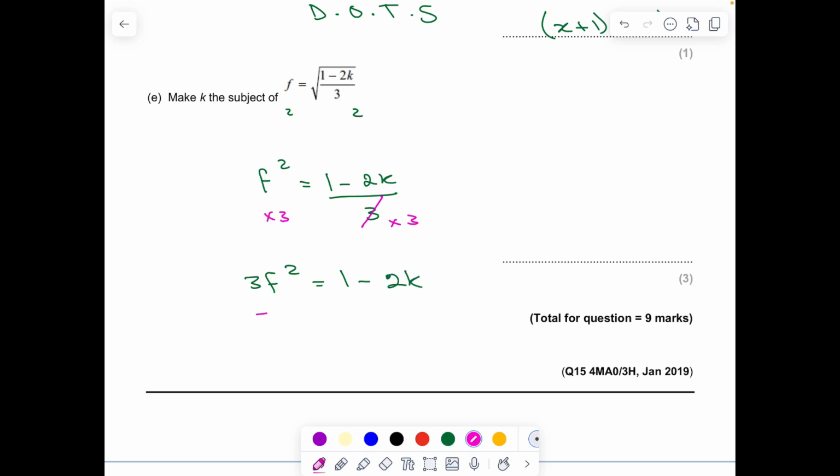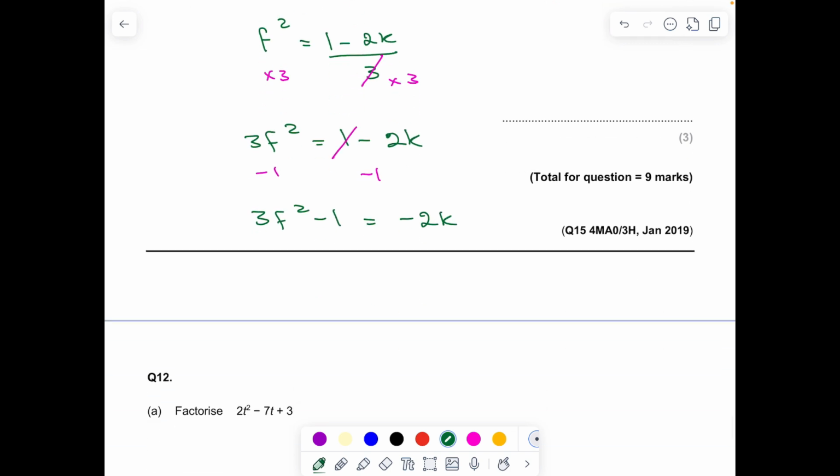Then subtract 1 from both sides to get rid of the plus 1 there, and we get 3f squared take away 1 equals minus 2k. And finally, to get rid of times by minus 2k, I divide both sides by minus 2.